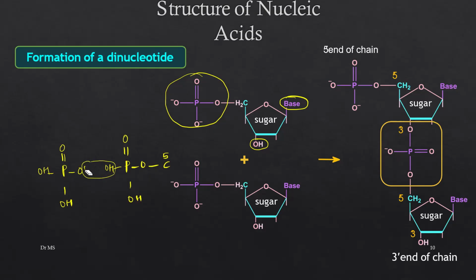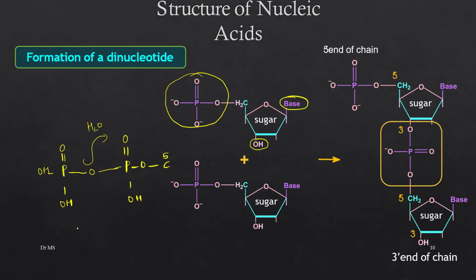They join together and it will be helpful for attaching one phosphate group with the other phosphate group by removing the water molecule. Now here you remove the water molecule, but this is not a phosphoester bond. It is an anhydride bond, because here you join two molecules by removing the water molecule.